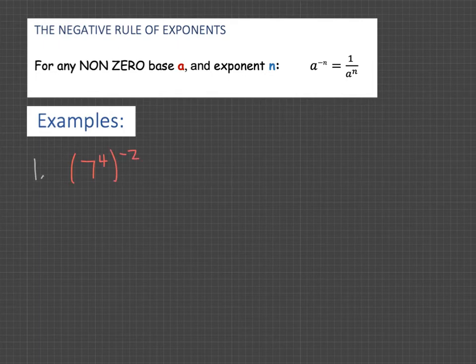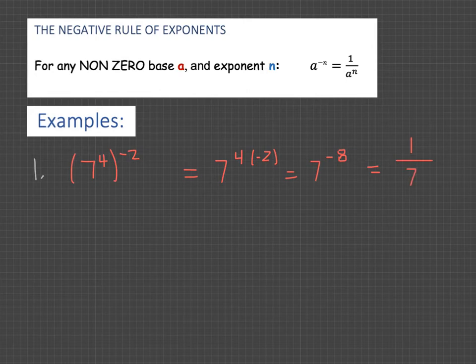Number 1 here, we've got 7 to the 4th to the negative 2. First, apply our power rule, where we can multiply those exponents because we have an exponent to an exponent. We get 7 to the negative 8. Okay, here's where we apply the negative rule. We have a negative exponent. We take our base and we take the reciprocal.